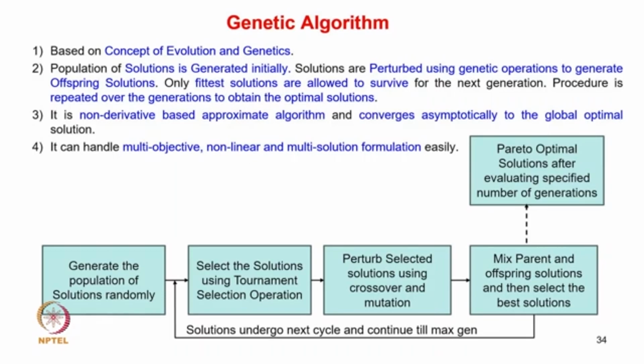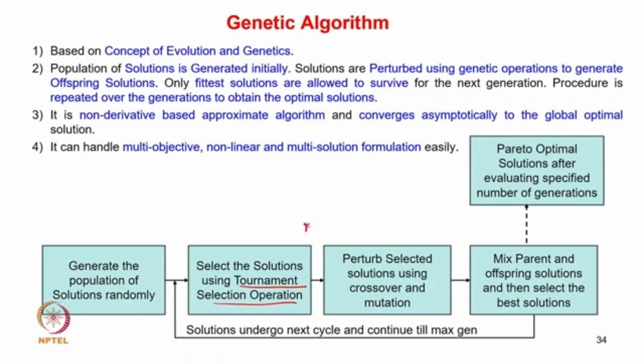The genetic algorithm is based on the concept of evolution and genetics. Initially, a population of solutions is generated randomly, and this initial population undergoes the operation called tournament selection, isn't it?